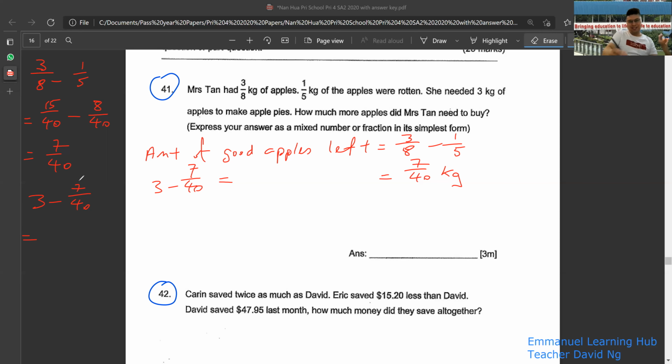Change the 3 to what? How to change the 3?